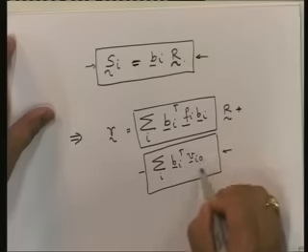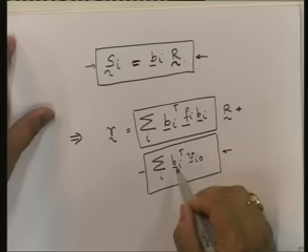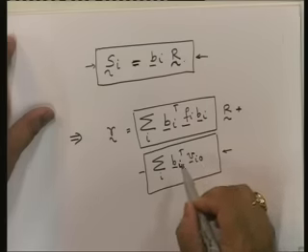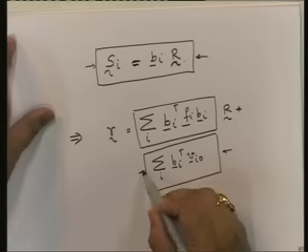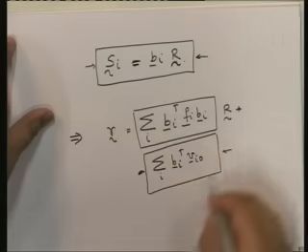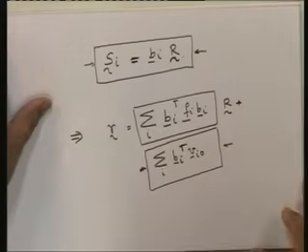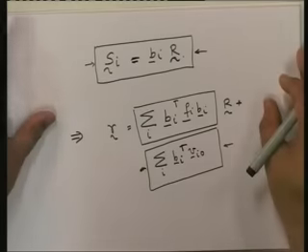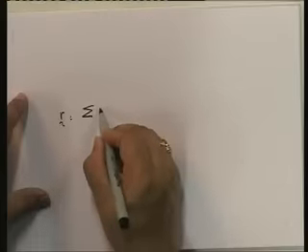These are member end rotations due to the loads applied on the members themselves, and therefore by using virtual displacement, you will see that R can be related in this form. So this in a sense is the final form of R equal to summation.